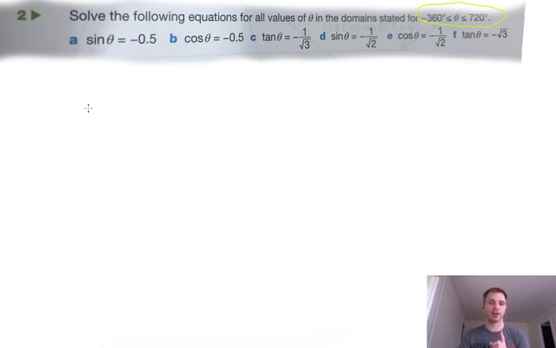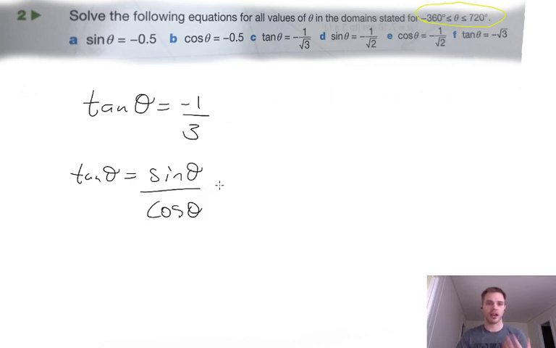So let's look first at tangent of theta equals -1/√3. We know that tangent of theta is equal to sine of theta over cosine of theta.